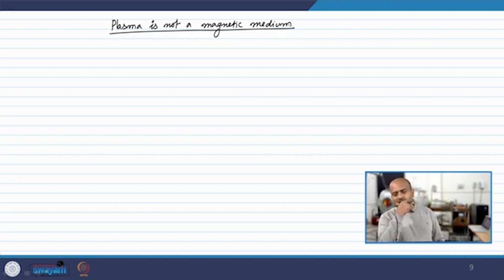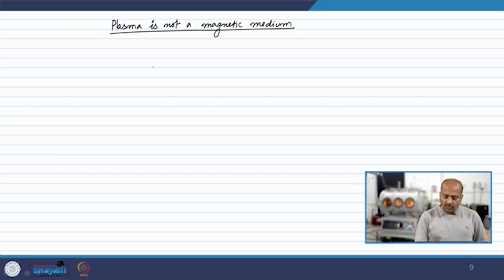If you have an electric field, you expect something similar, and you call this process polarization, right. So, if there is polarization, you define this vector polarization, as you are trying to establish the dielectric nature of plasma.